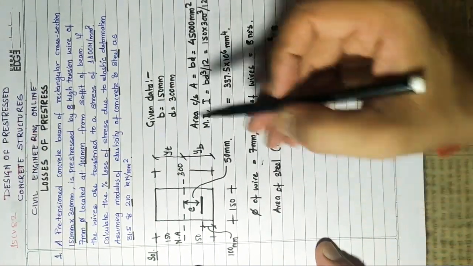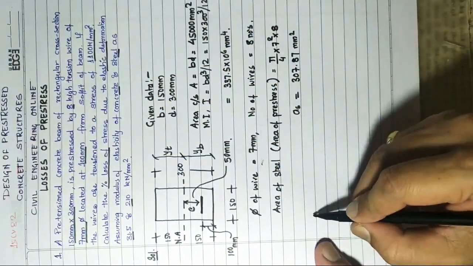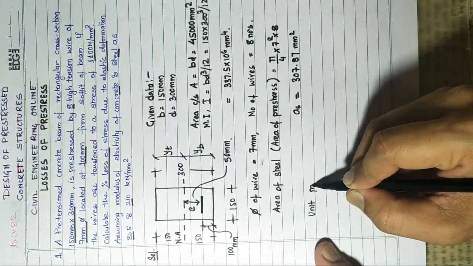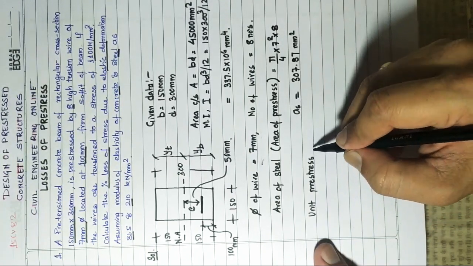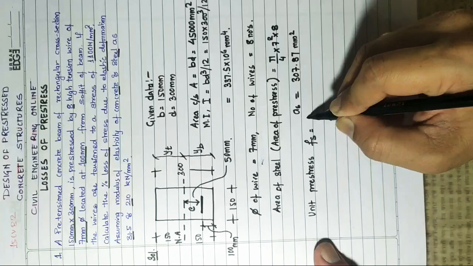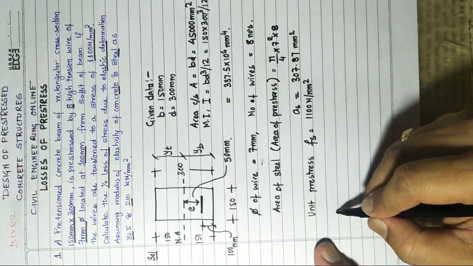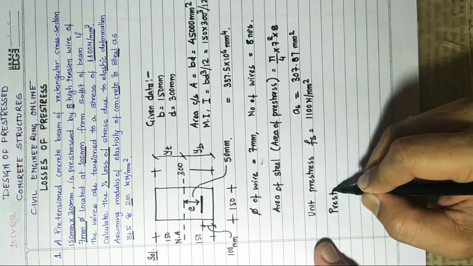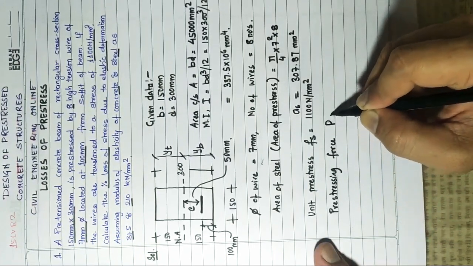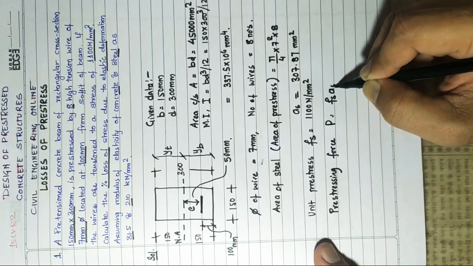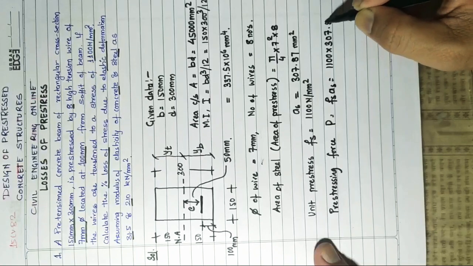Now we are finding out the next parameter given in the section. So unit pre-stress they have given us. Unit pre-stress means for one single wire how much is the pre-stress. So the unit pre-stress Fs is given as 1100 Newton per mm square. The total pre-stressing force P will be equal to Fs multiplied by As, that is 1100 multiplied by 307.87.